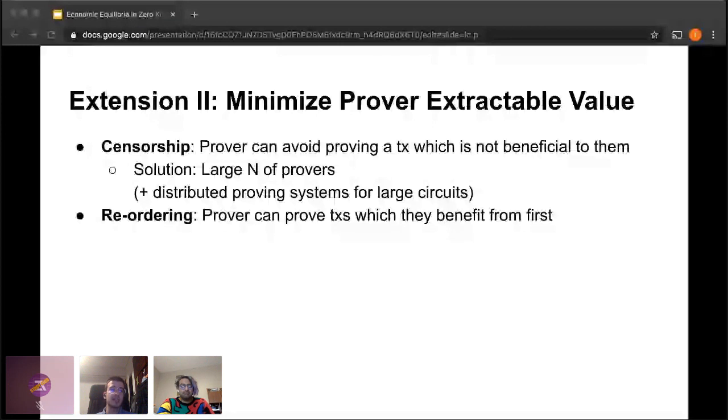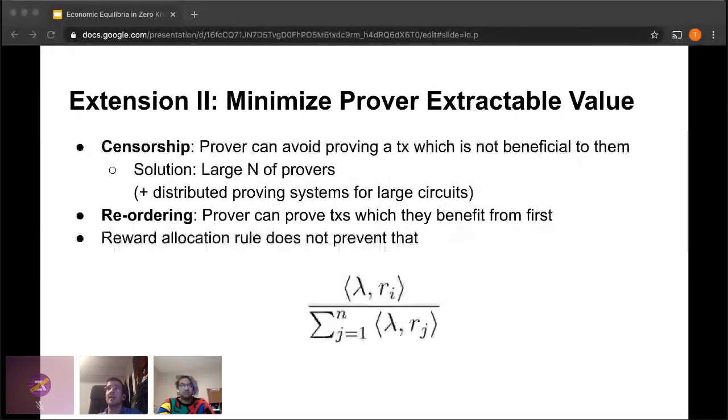One is censorship, where the prover sees something that is available for proving, and they just don't compute a proof on it, maybe because it was some CDP transaction which would bring their CDP below some amount and they would lose money, or maybe they just want to prevent you from transacting. This is solvable by just having a large number of provers. If there are a lot of people available for generating proofs, you avoid censorship, and also by distributing the computation if you have a large circuit.